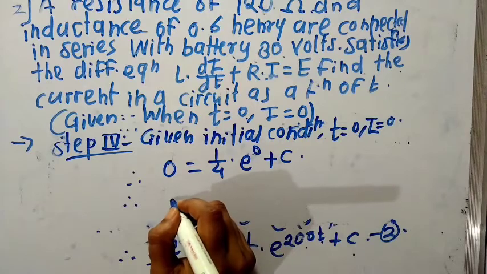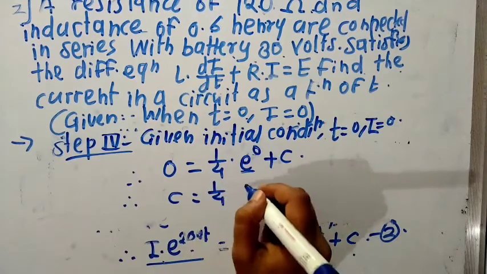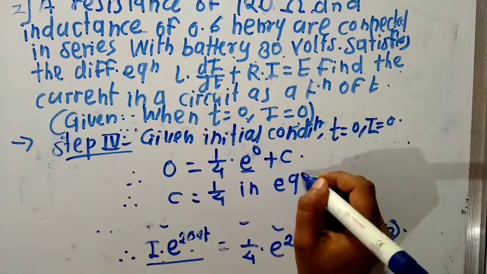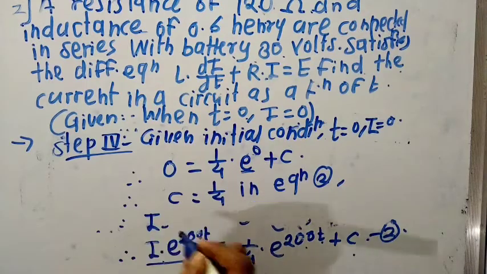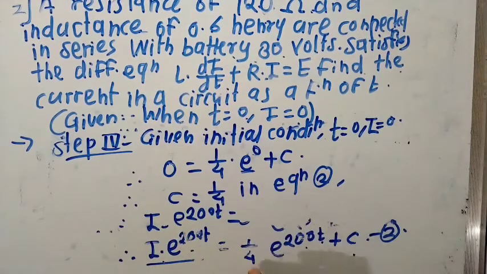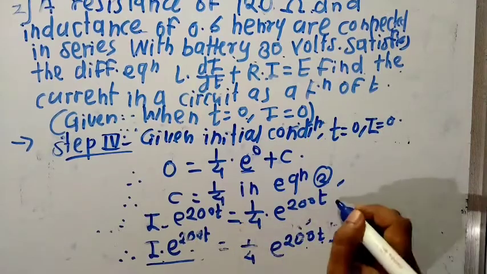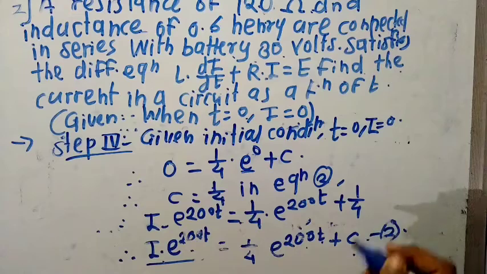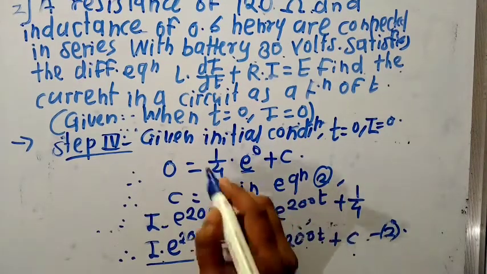Hence e raised to 0 is 1, so c is equal to minus 1 by 4. Put in equation second.